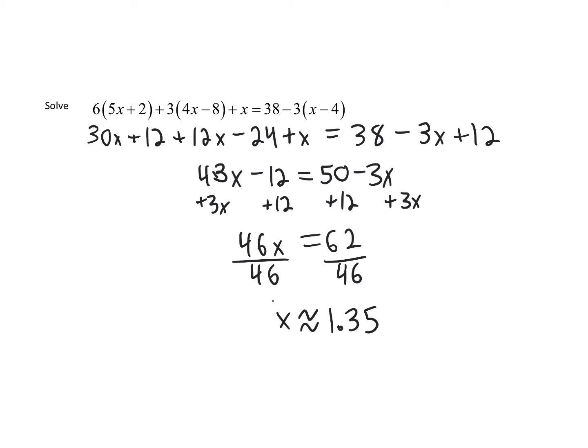Now, with a big complicated equation like this, sometimes it's worth doing a quick check. To do a check, we just plug in the 1.35 into the left side and the right side and see what we get.